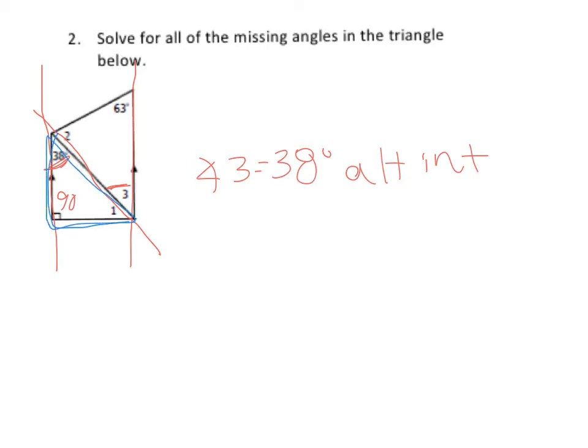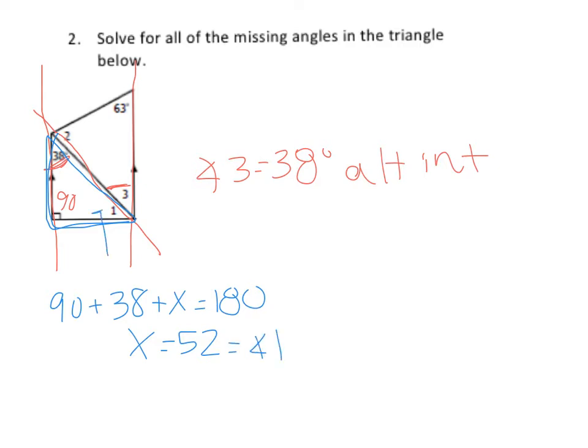So since it's a triangle, I know that 90 plus 38 plus angle 1, I'm going to call it x, should all add up to 180. When we solve that, x ends up being 52 degrees. And that's going to be the measure of angle 1. So angle 1 over here in our picture would be 52 degrees.